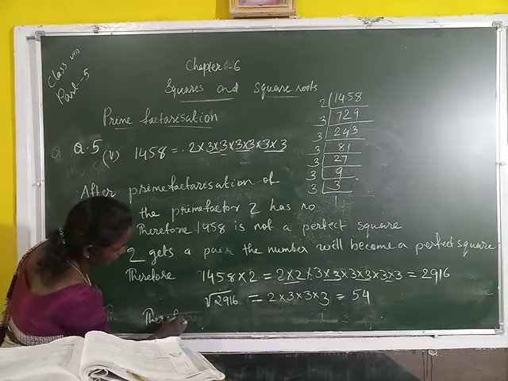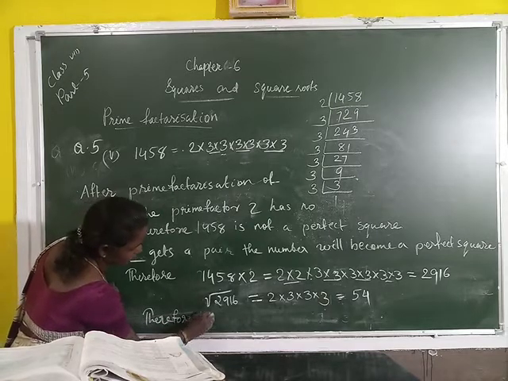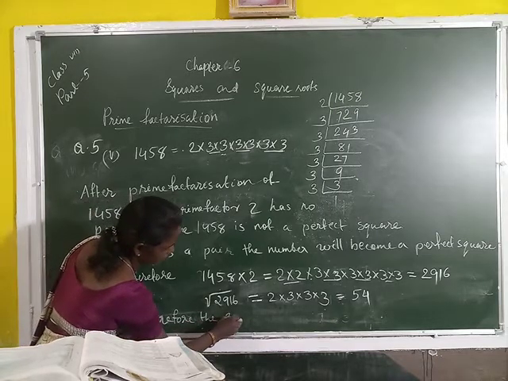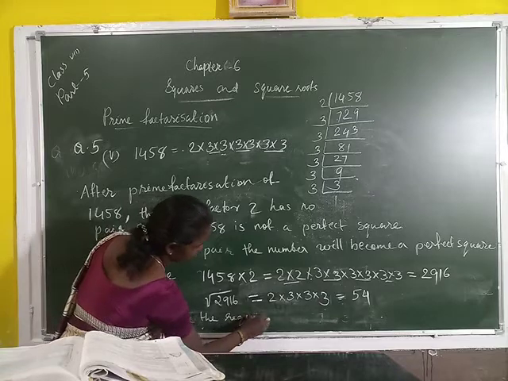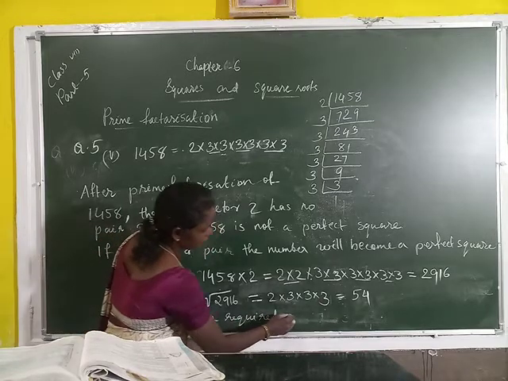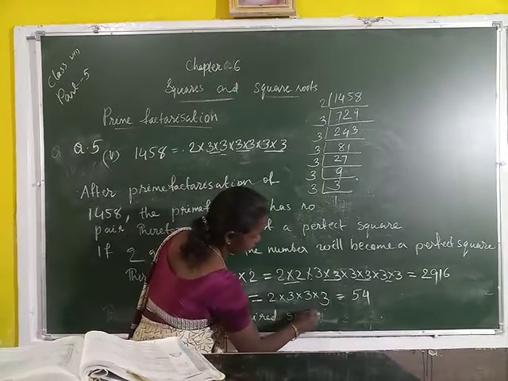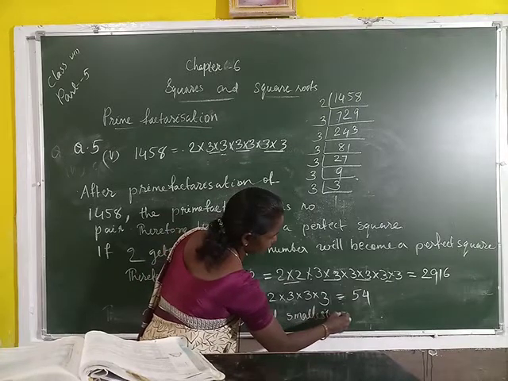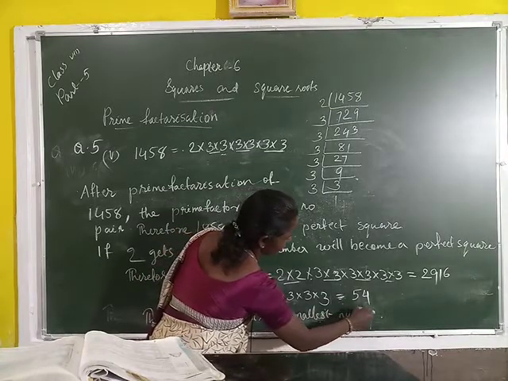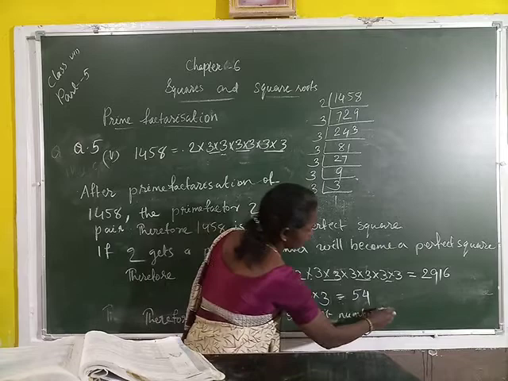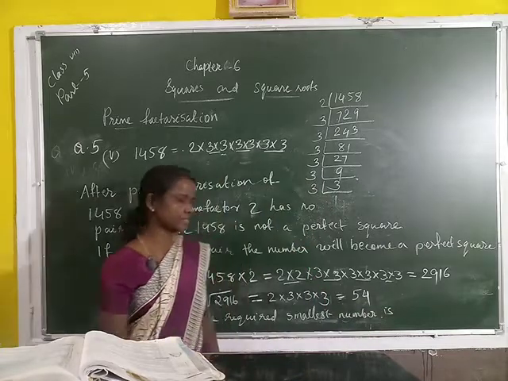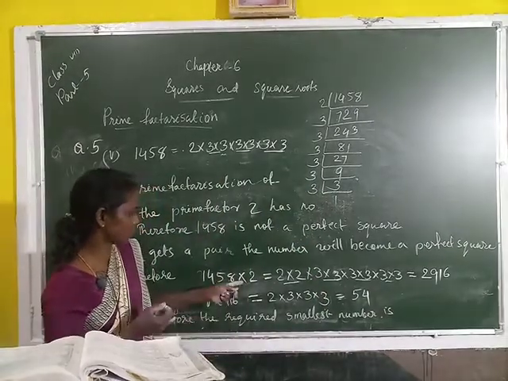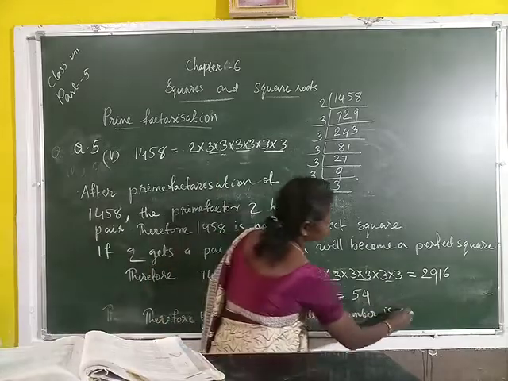Therefore the required smallest number is, which is the required smallest number? The required smallest number is 2.